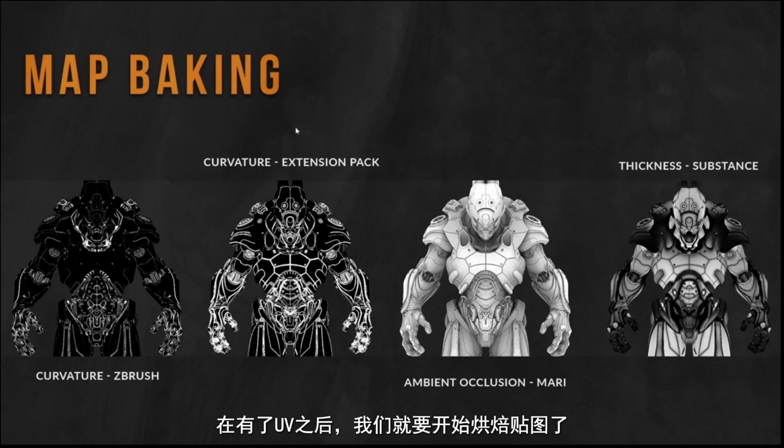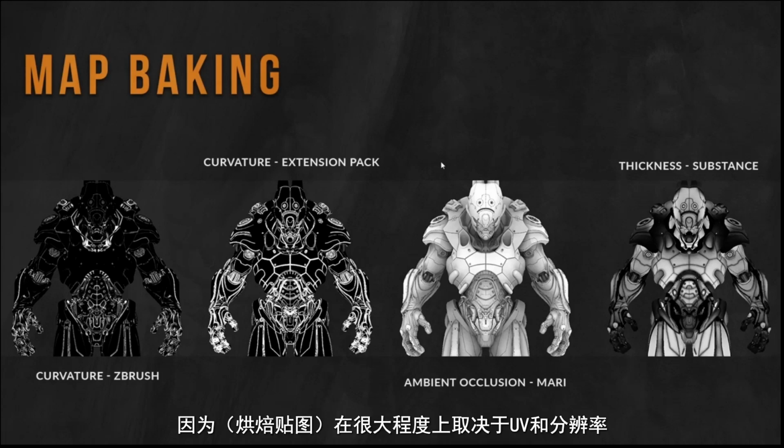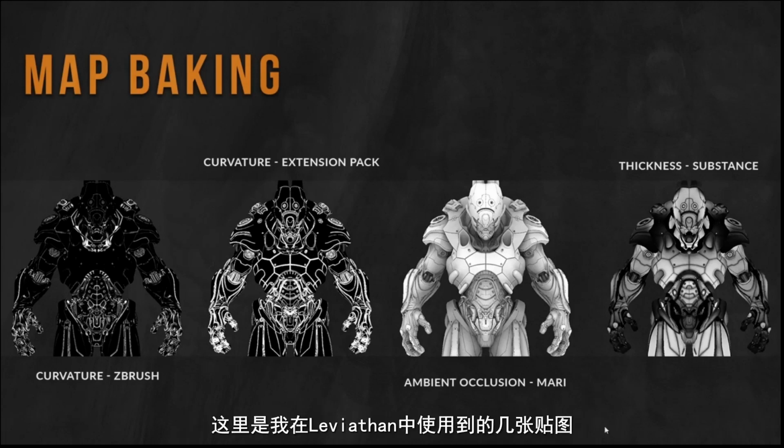So after we have our UVs, we're going to start baking our maps. This is another important thing. Having good UVs will also help you have good baked maps, because it depends a lot on the UVs and the resolution you have. So keep that in mind. And these are just a few maps that I used for Leviathan.